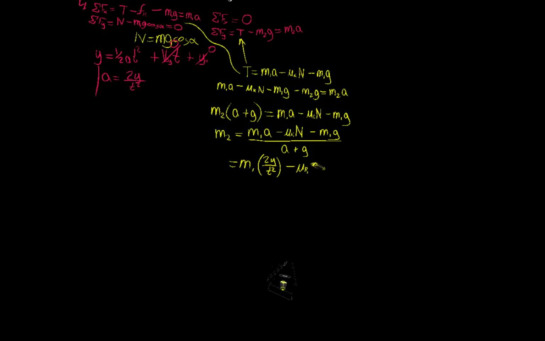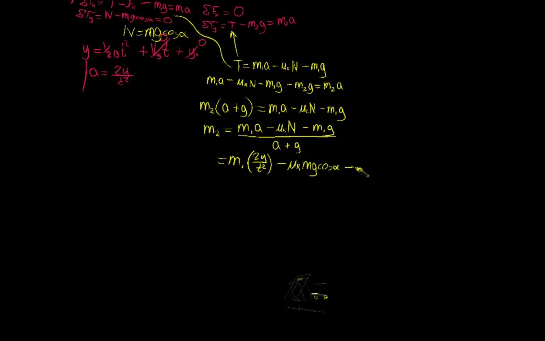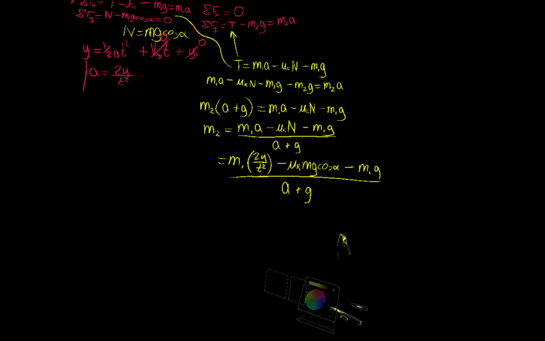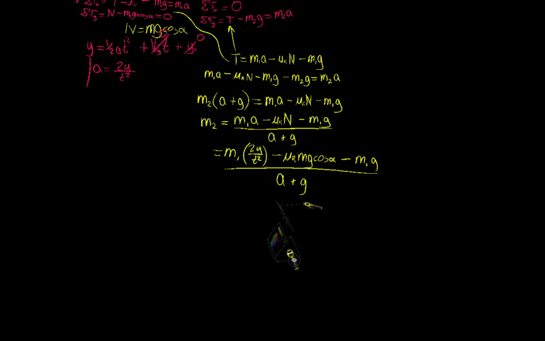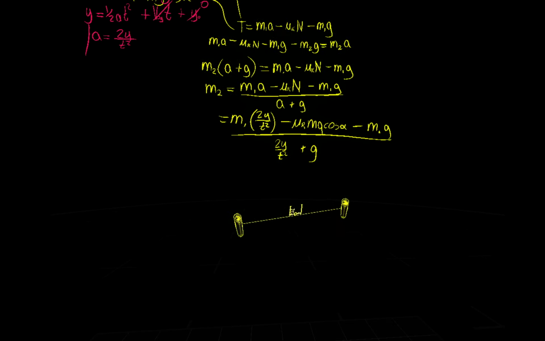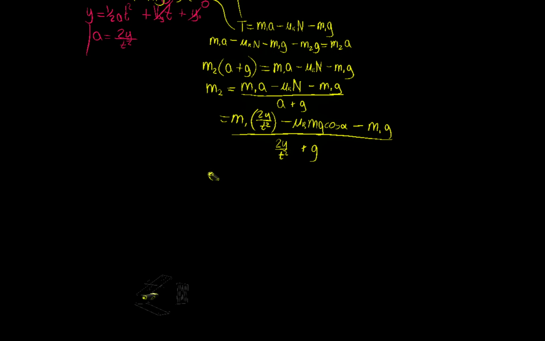So mu sub k mg cosine of alpha minus m1g, all that is over a plus g, although I feel that it is not for some reason. And we're plugging in our a's here, so 2y over t squared. And if you plug all that in and your equation is right, we should get 36 kilograms.